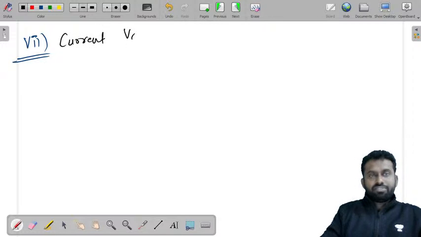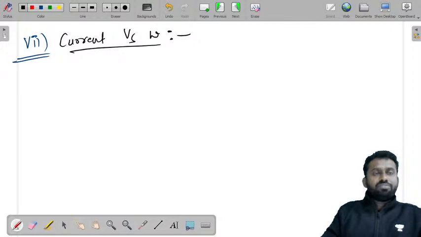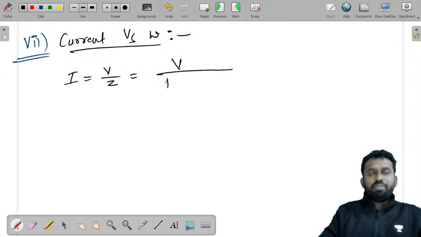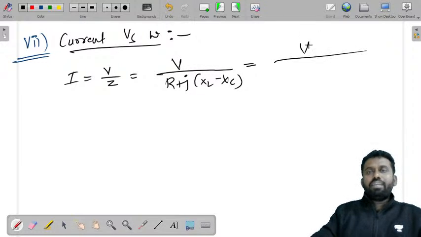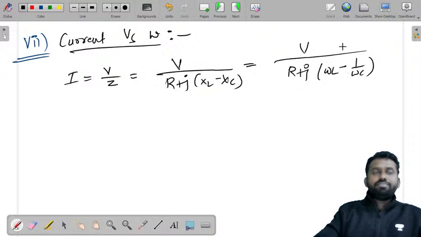Now let's take the seventh one, current versus frequency. As we know, I is equal to V by Z, which is V by R plus j into (XL minus XC), or V by R plus j into (omega L minus 1 by omega C).